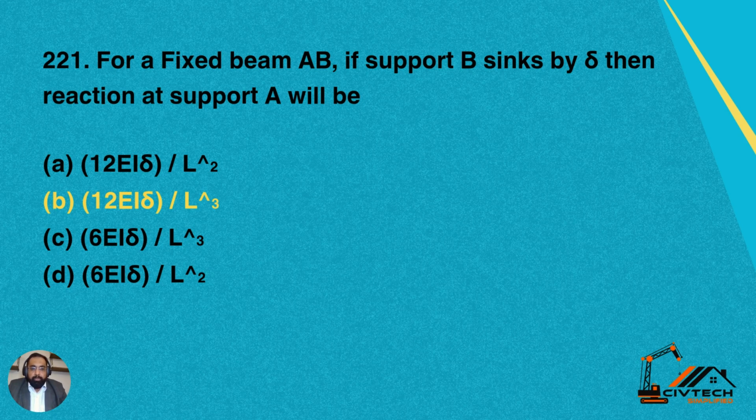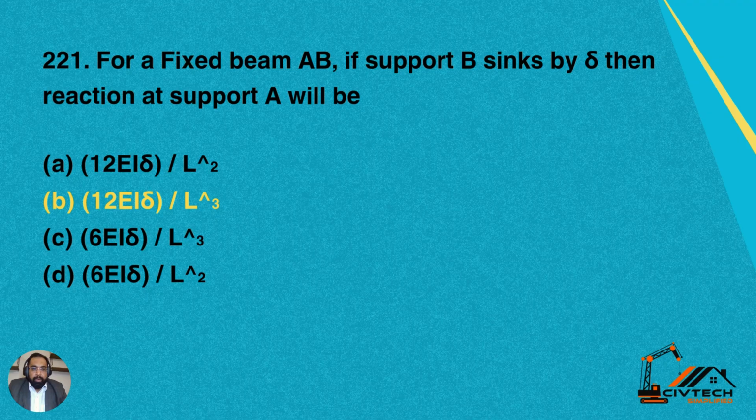221. For a fixed beam AB, if support B sinks by lambda, then reaction at support A will be: option A 12 EI lambda over L square, option B 12 EI lambda over L cube, option C 6 EI lambda over L cube, option D 6 EI lambda over L square.